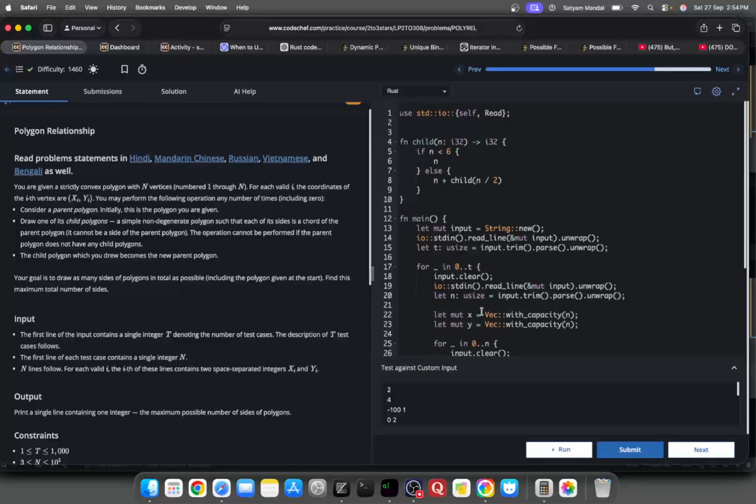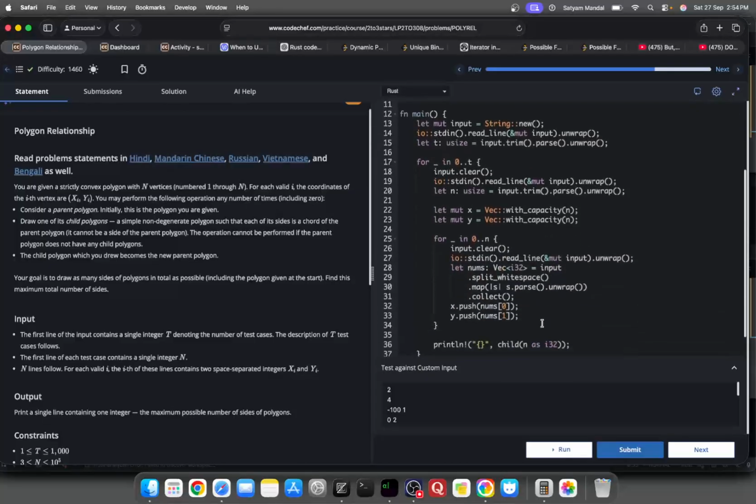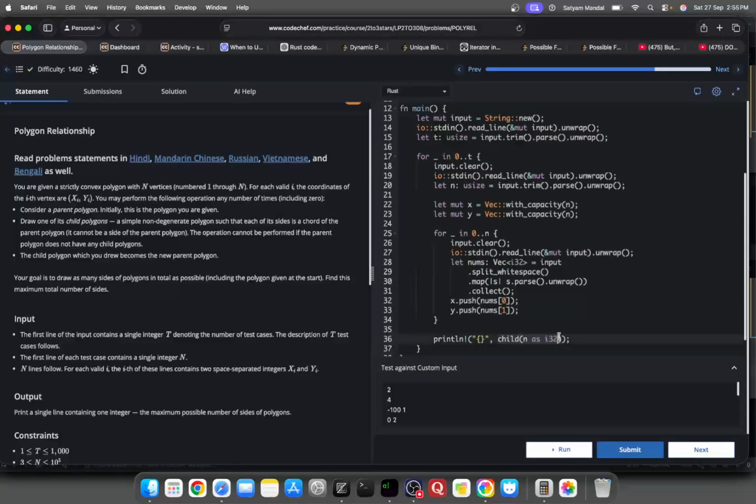Here's the answer: if I have less than or equal to 6, then my answer is n, and otherwise I compute it recursively, and return back and print.